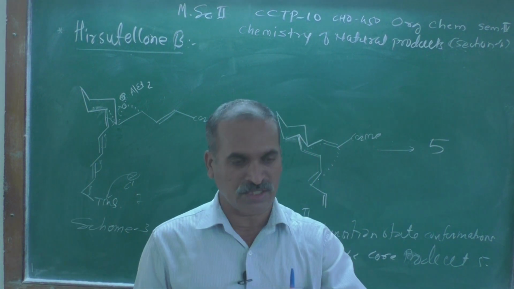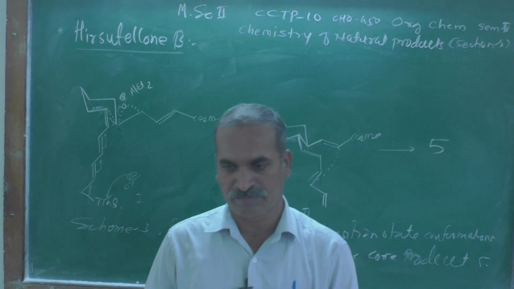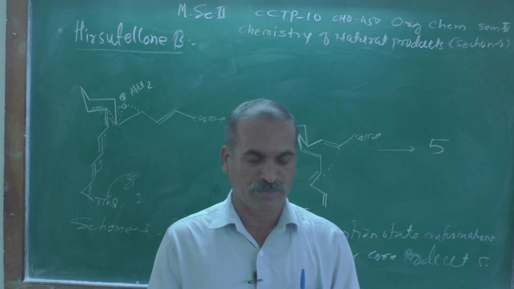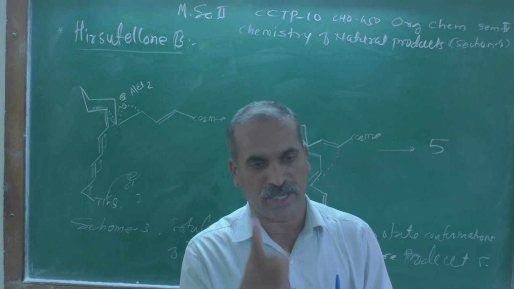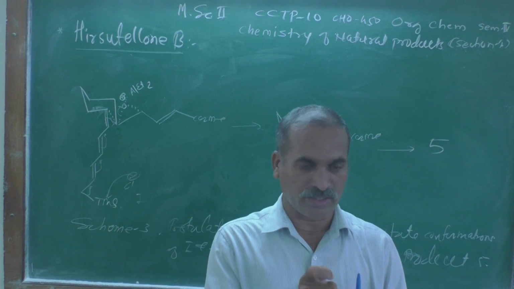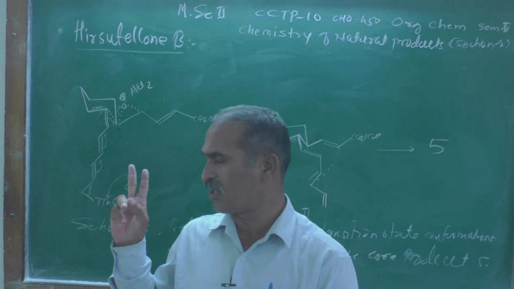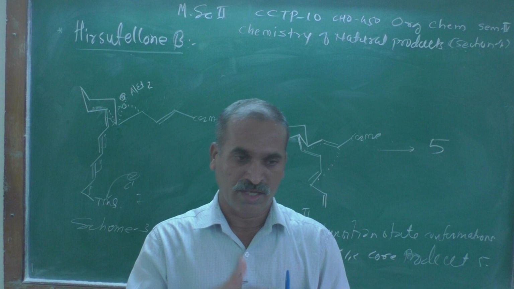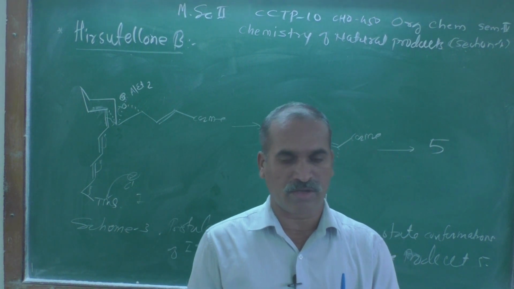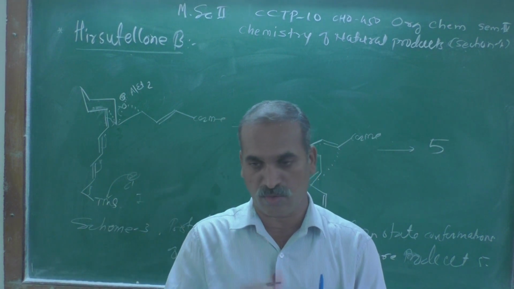And in a 6-membered ring, according to Baeyer strain theory, the bulkier groups prefer to stay at the equatorial position. Whenever there is a cycloaddition reaction, there are two commonly occurring kinds: 2 plus 2 cycloaddition and 4 plus 2 cycloaddition.